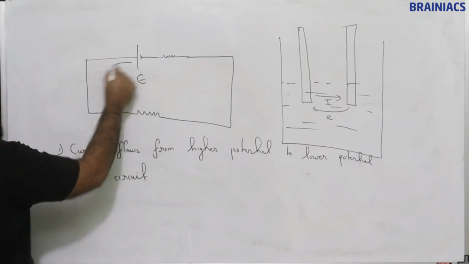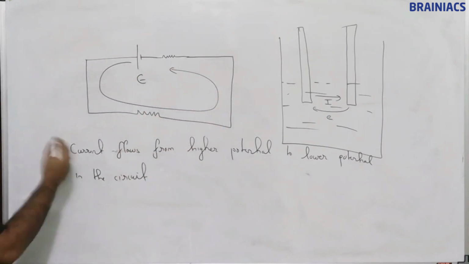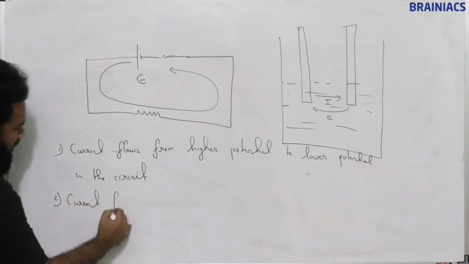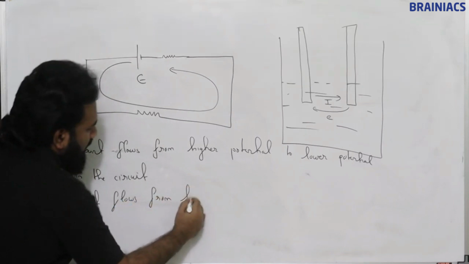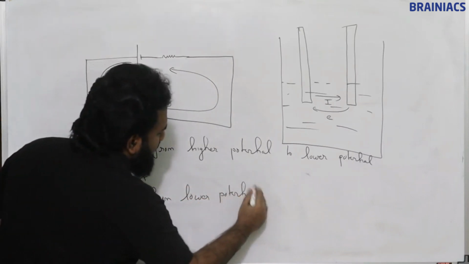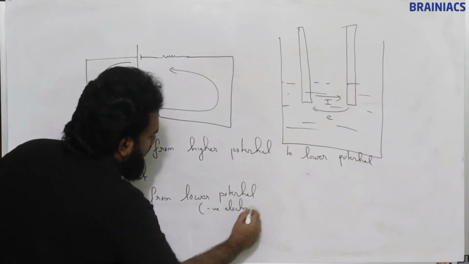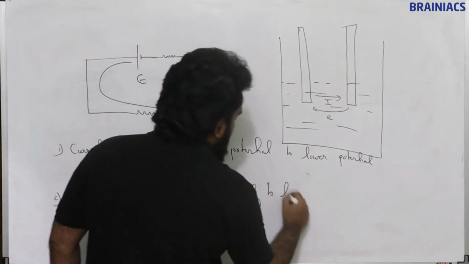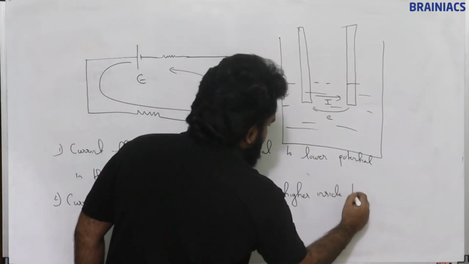Current moves from higher potential to lower potential inside the circuit, but inside the cell current flows from lower potential, and lower potential means the negative electrode, to higher potential.